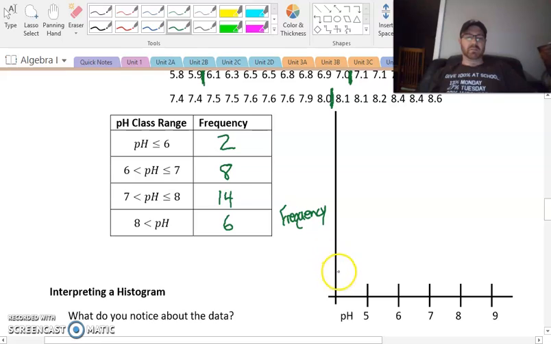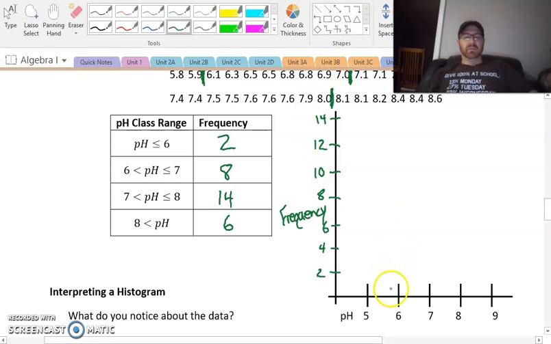All these are even, so I'm going to count by twos. 2, 4, 6, 8, 10, 12, 14. And I'm just going to label these here.